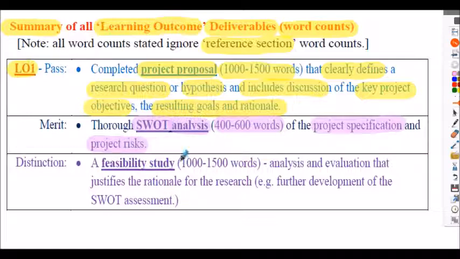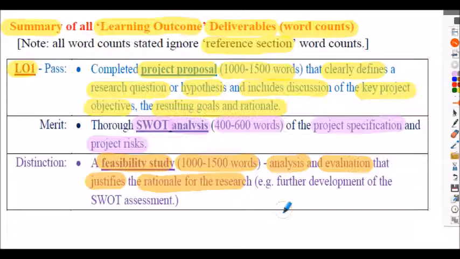If you want to go for the distinction grade, we suggest a full feasibility study is produced, between 1,000 and 1,500 words. This would be based on the SWOT analysis and the findings therein, and then analyses, evaluates and justifies the rationale for the research.